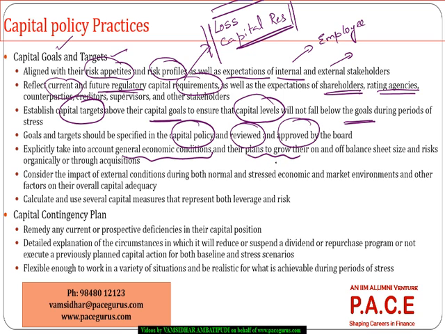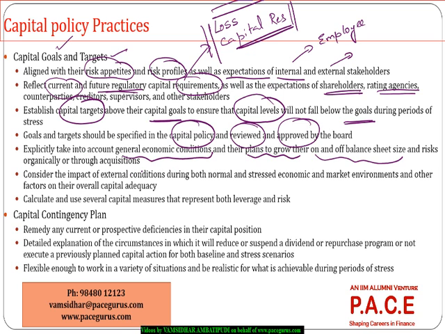The business model, the growth plan, the on and off balance sheet activities that are there, the risks that are coming, probably because of acquisition. The entire business environment needs to be evaluated while setting the capital goal and the target.